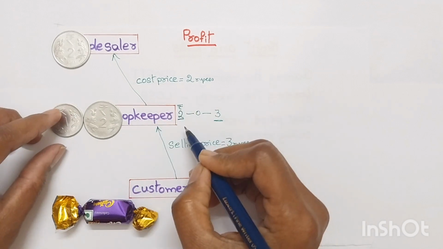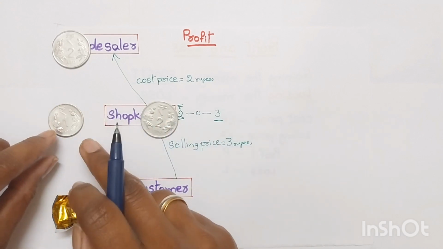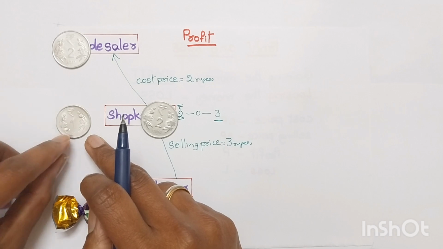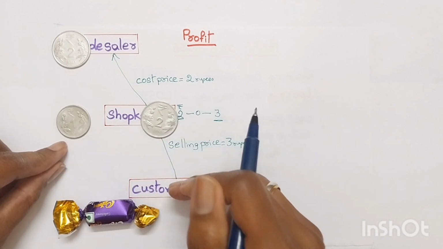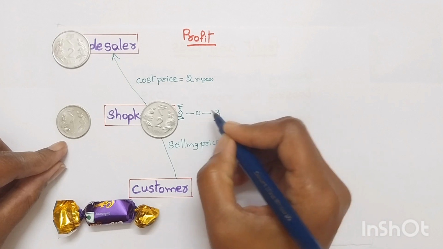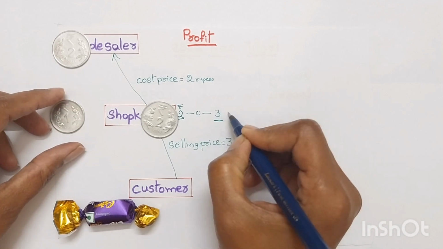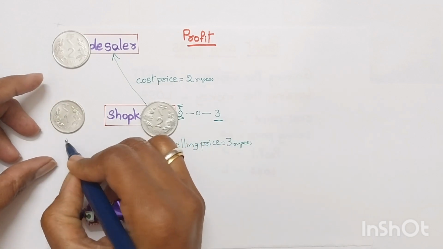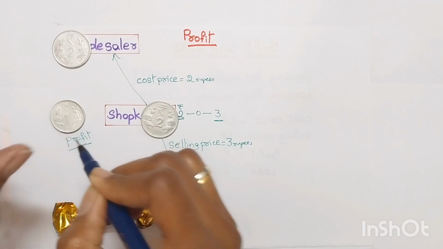Actually his original amount is 2 rupees only. Extra, what he got? 1 rupee extra he received from the selling price. So this extra amount is called profit. This is 1 rupee.